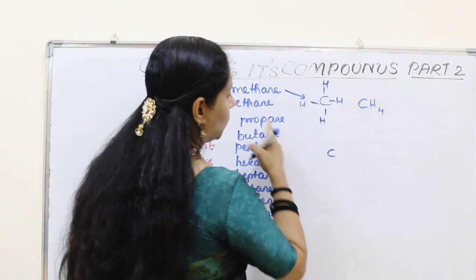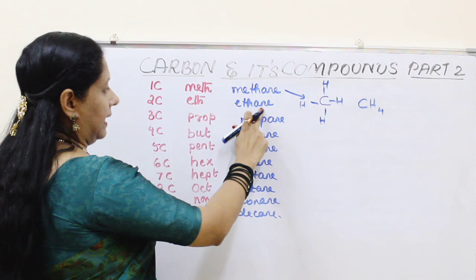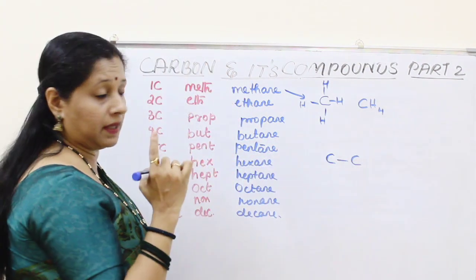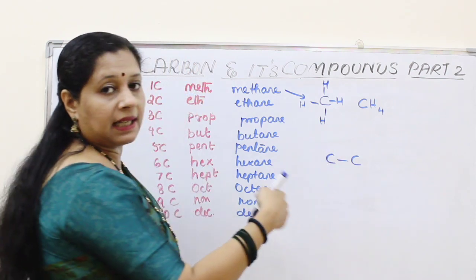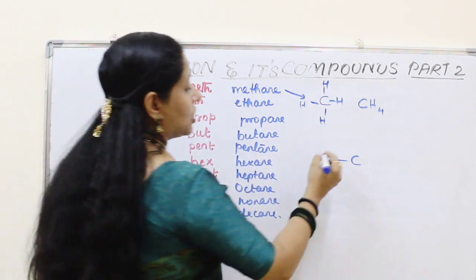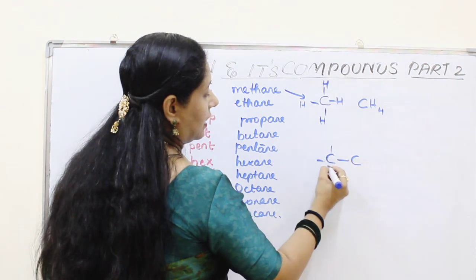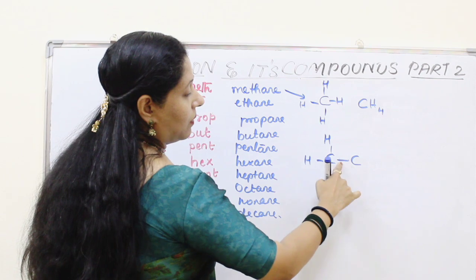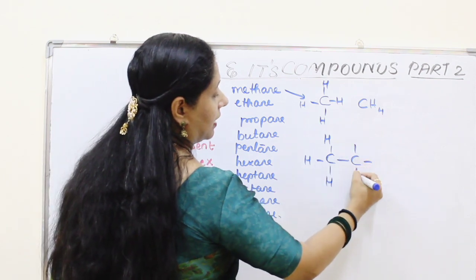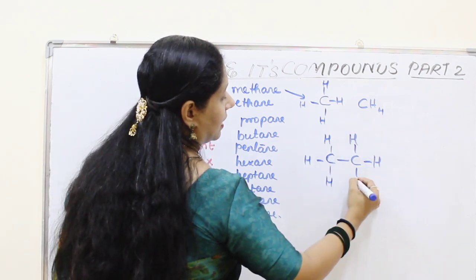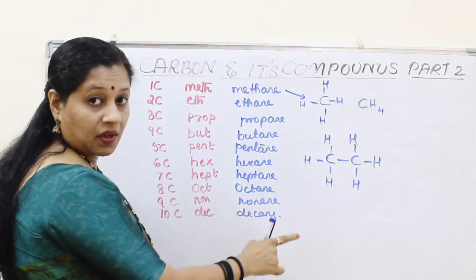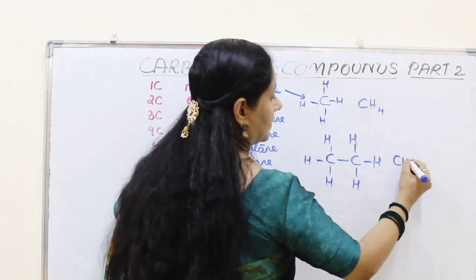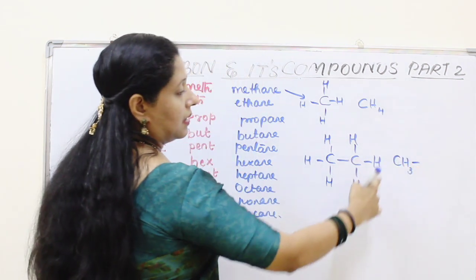Now coming to ethane. Ethane has 2 carbon atoms. Since it is an alkane, we first draw 2 carbon atoms using a single covalent bond. Now we have to satisfy the other valencies with hydrogen. Here 1 is gone, so 3 more are left: H, H, H. Here also 1 is shared, 3 more are here, that is also H, H, H. This is called a structural formula. But we can write this as CH3 single bond CH3.